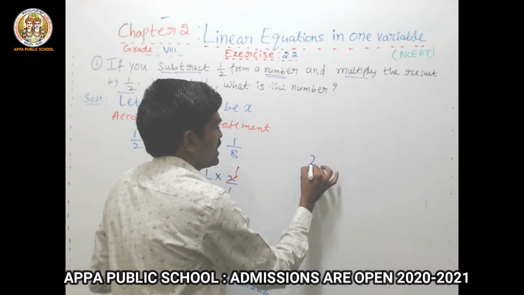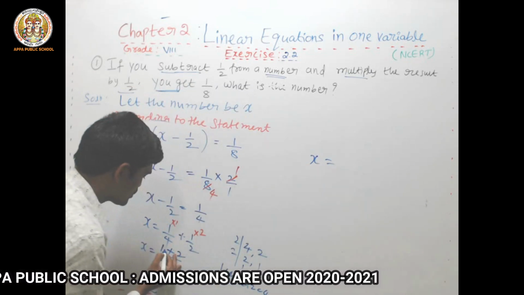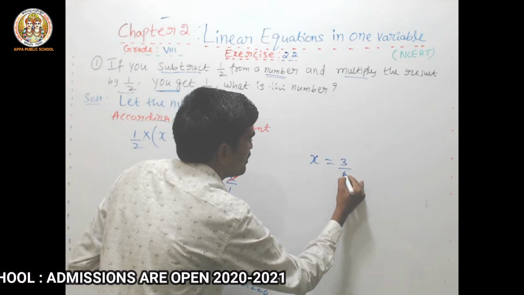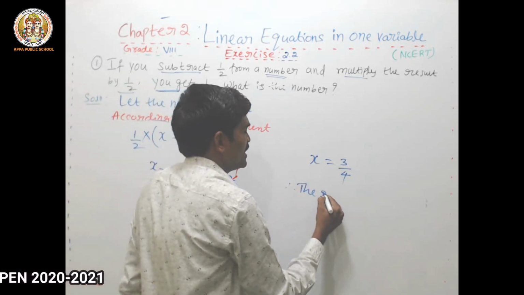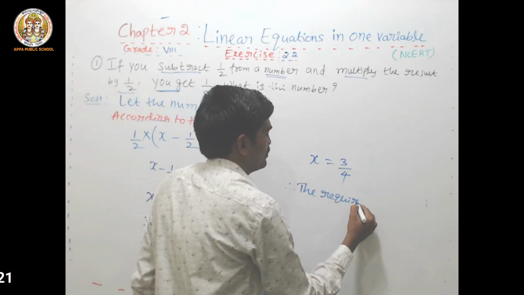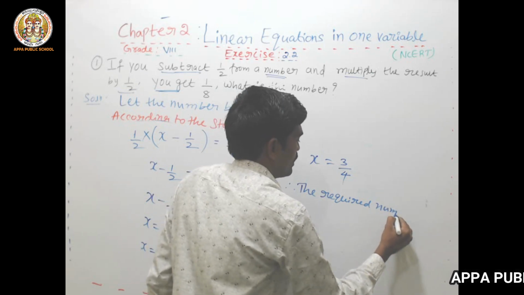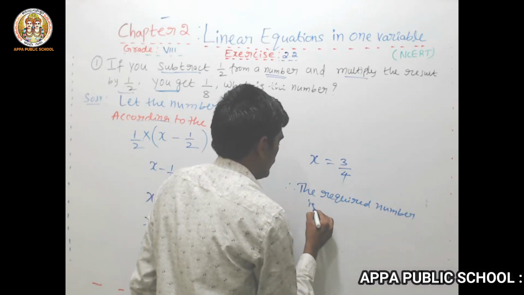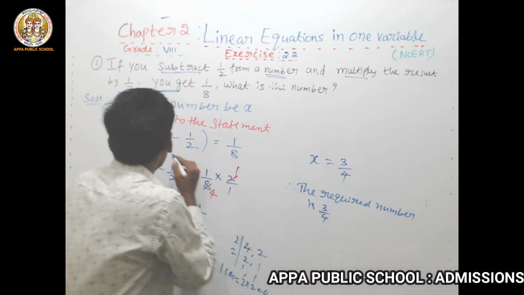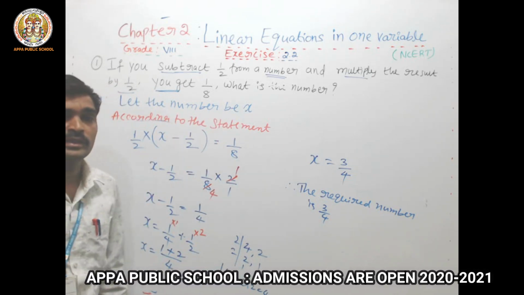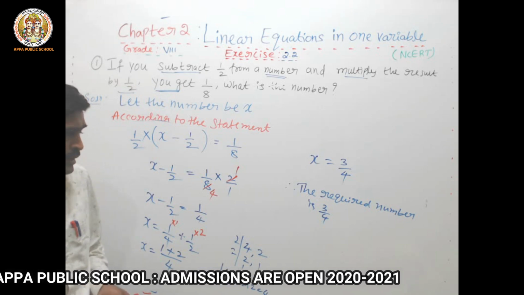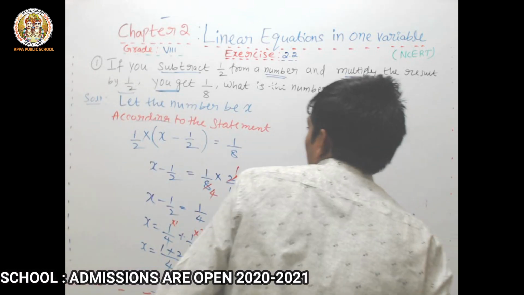So x is equal to 2 plus 1, that is 3 divided by 4. 3 by 4. Therefore, the required number is 3 by 4. Without multiplication also, you can transfer 1 by 2 to the RHS. This is also an alternate method. Understood, my dear students? Okay, we'll move to the next problem.